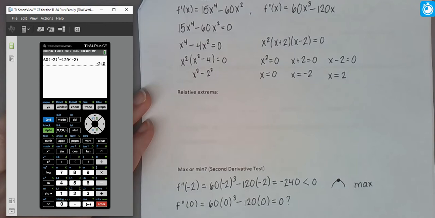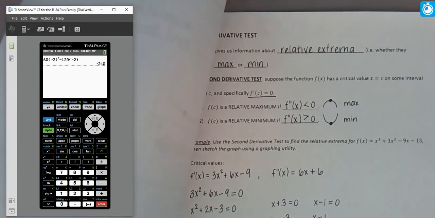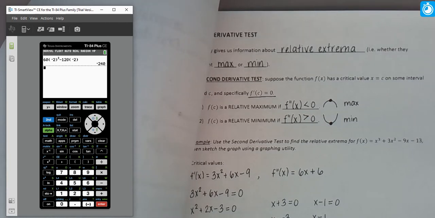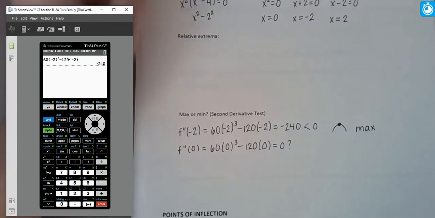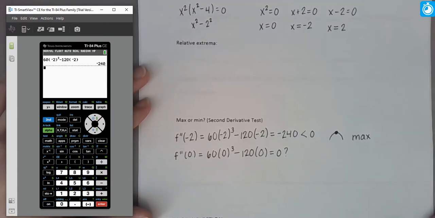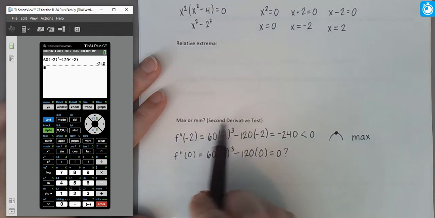So what happens there? Well, let's flip back over. If our second derivative is less than 0, it's concave down, which means we have a maximum. If our second derivative is greater than 0, we're concave up, which means we have a minimum. What happens if it's equal to 0? Notice we don't have a classification there. What that means in this case is that the second derivative test is inconclusive. We can't actually classify this particular critical value just using the second derivative test.